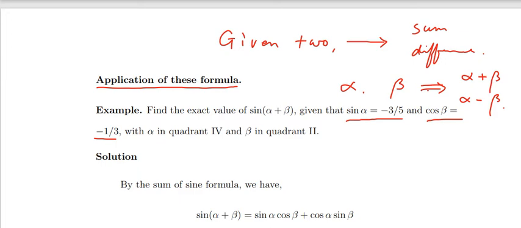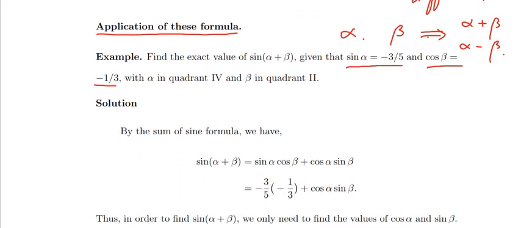Okay, so at first we use the formula. Let's say sine of alpha plus beta. Here we want to find sine of alpha plus beta, right? So at first we have this formula: sine alpha plus beta equals sine alpha cosine beta plus cosine alpha sine beta.